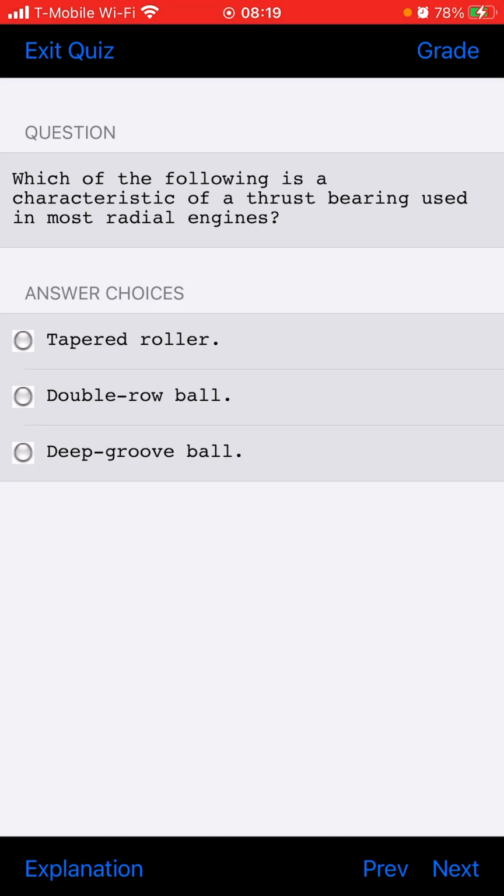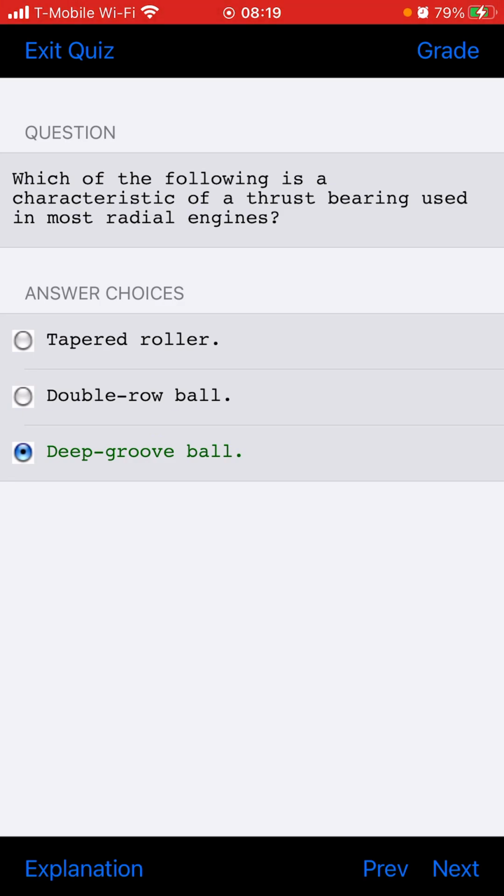An increase in manifold pressure with a constant RPM will cause the bearing load in an engine to increase.